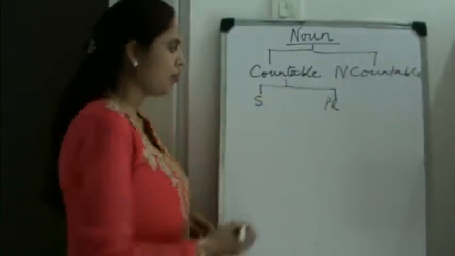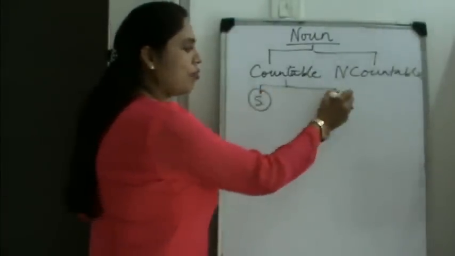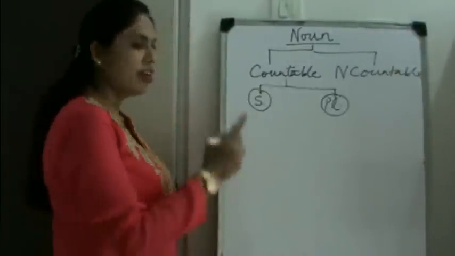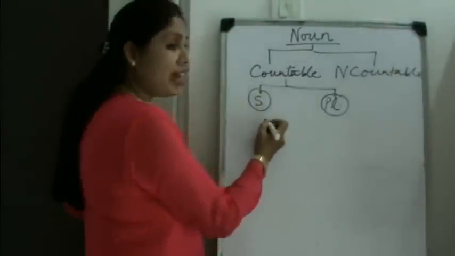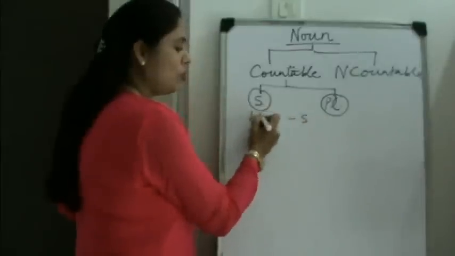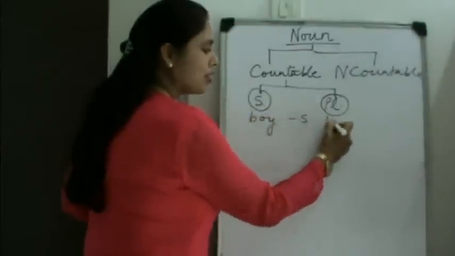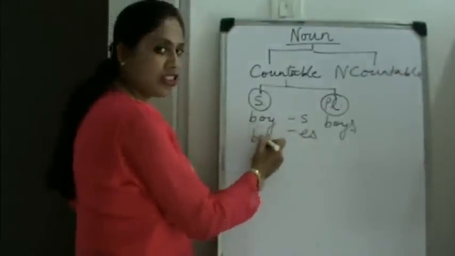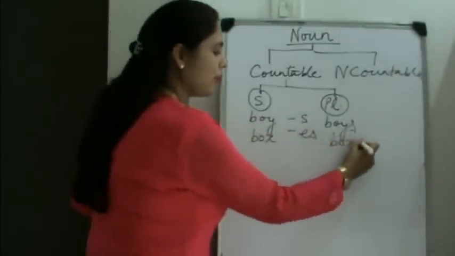Singular, plural. There are various ways of making plurals from singular in the English language. First one is by adding s. So, boy becomes boys. By adding es, box changes to boxes.